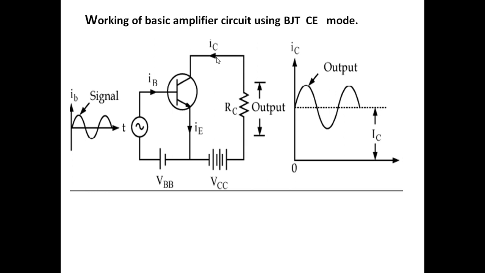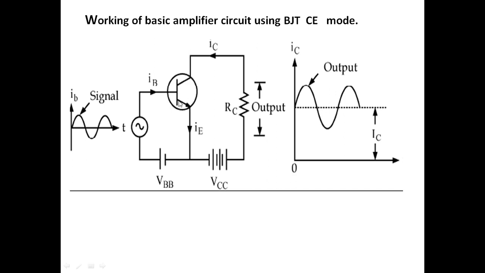These three regions can be defined with respect to the input junction and output junction of the transistor. The emitter and base junction is called the input junction, and the collector and base junction is called the output junction.